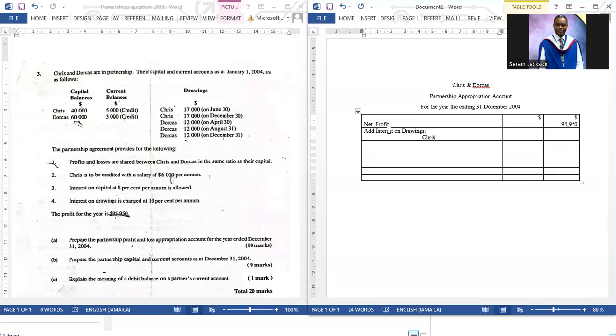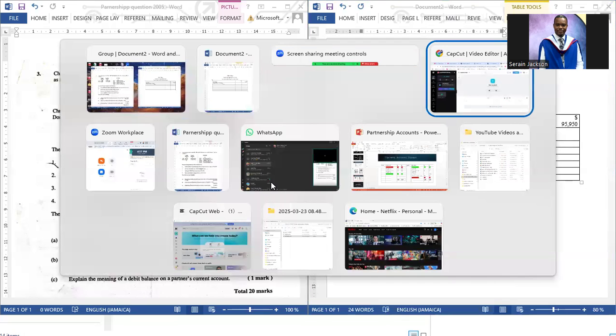So the interest on drawings for Chris would be, if you look at it now, Chris's drawings for the entire year, he made two drawings, one in June and one in December. So at the end of the year, let's pull out our calculators now to get that information.